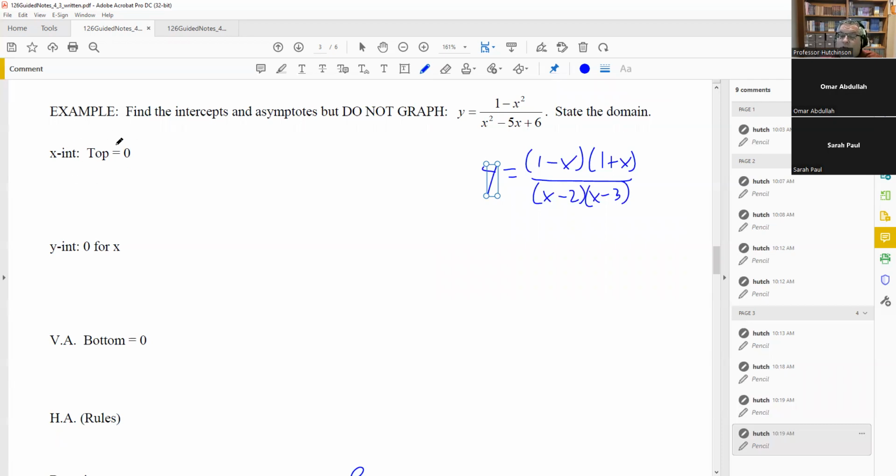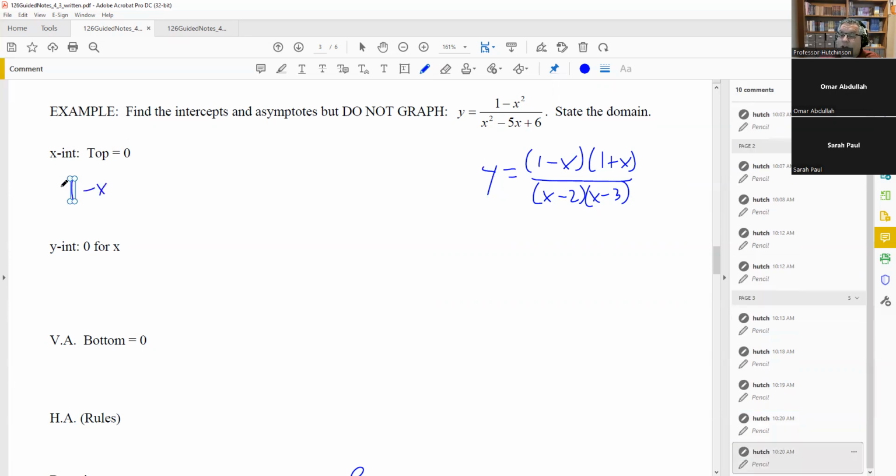So x-intercept, the rule is you're going to set the top equal to 0. So 1 minus x, 1 plus x equals 0. If you solve for that, you're going to get x is equal to 1 and x is equal to negative 1. If you want to write them as coordinates, it's 1, 0, and negative 1, comma 0.